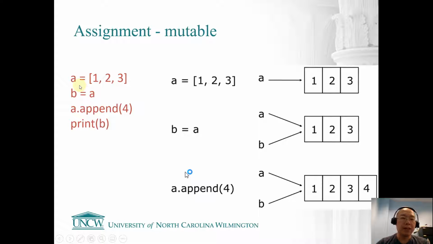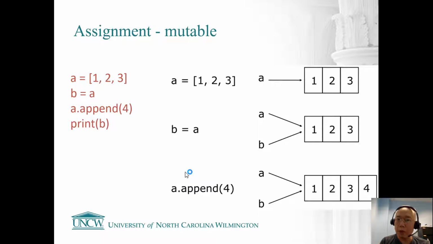Let's see another example. We have A as the list 1, 2, 3, and then B equals A. So A and B both refer to the same object, which is a list. So far so good, right? If we do A.append(4), we add one more value 4 to the list, and this happens in place.